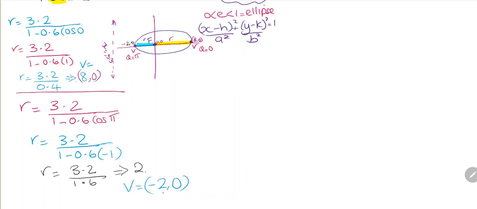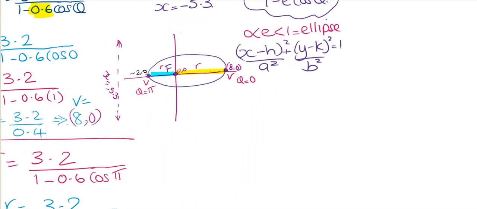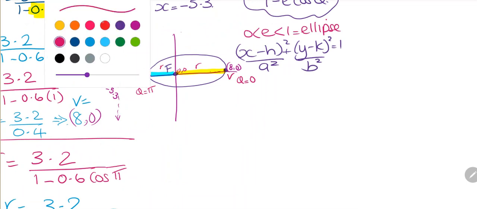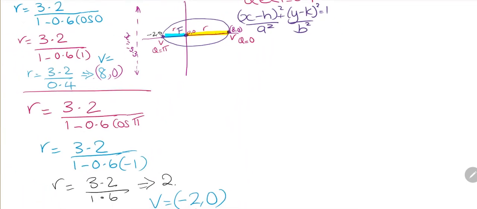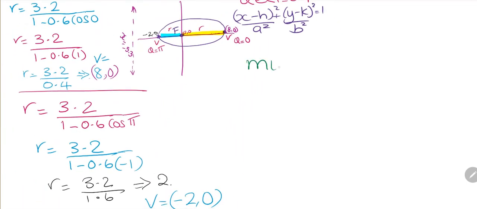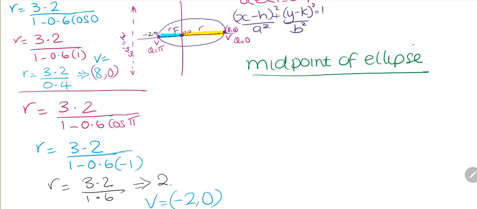Now what we need to do is find the midpoint of our ellipse. So we can add our x values. We've got a vertex at 8, 0, and then one at minus 2, 0.